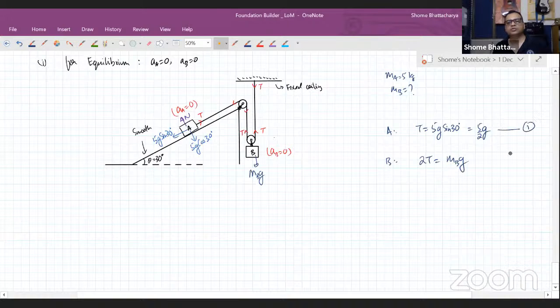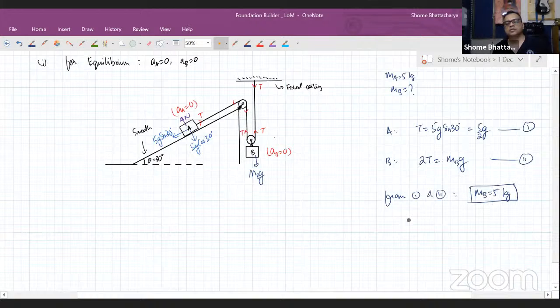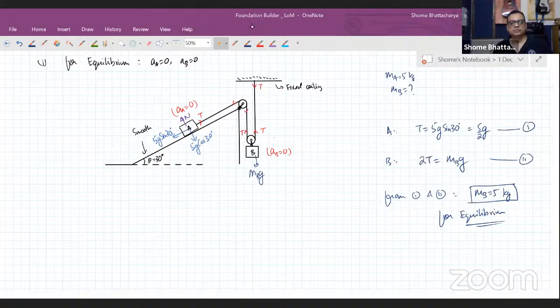So just compare the two equations. You will get that for equilibrium. So this is the condition for equilibrium.